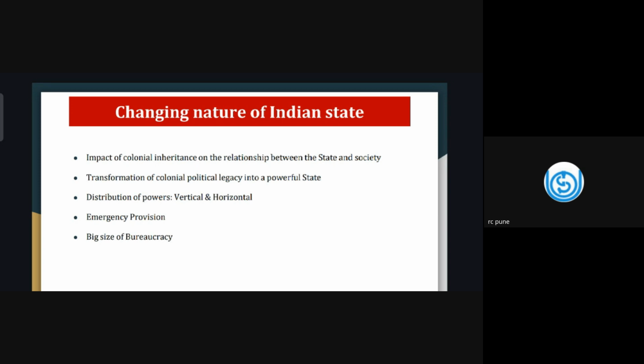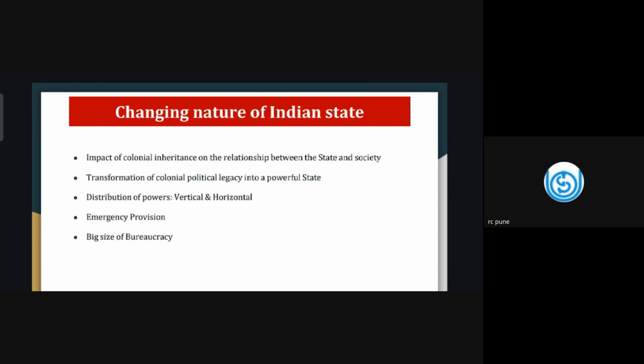First one, union list, where all those subjects, departments and categories are mentioned, where only the union government, that is the central government, can take the decisions.